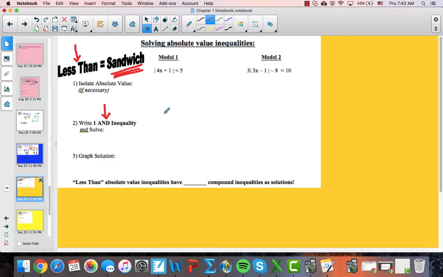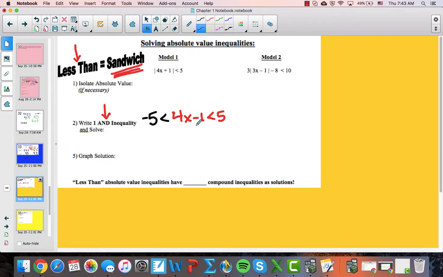Well, remember, we could go in the positive direction or the negative direction. So I take my absolute value expression out of the bars and I write it just like that. Now, I put a negative 5 on the other side. I've made an and inequality to solve it. Now notice that the inequality symbols are always pointing the same direction and they're always pointing to the left.